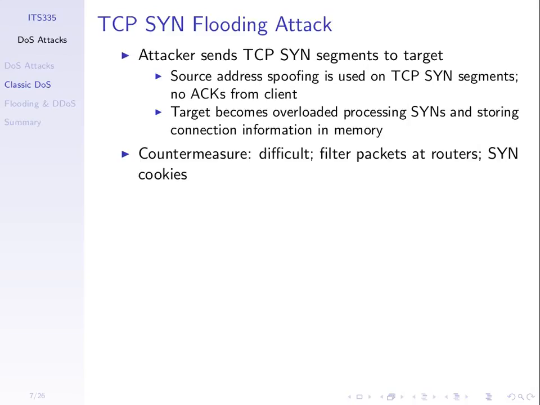When we're sending packets across the internet, the thing that identifies computer A and computer B is the IP source and destination address.